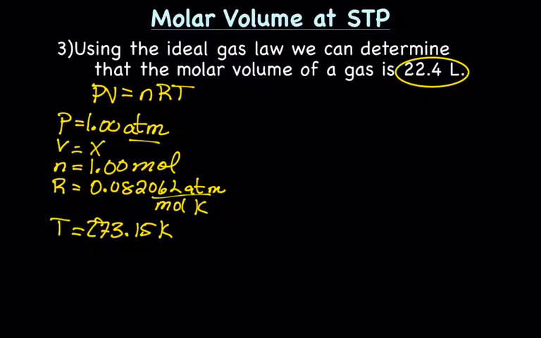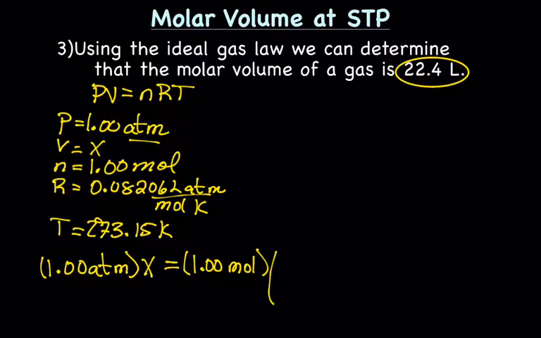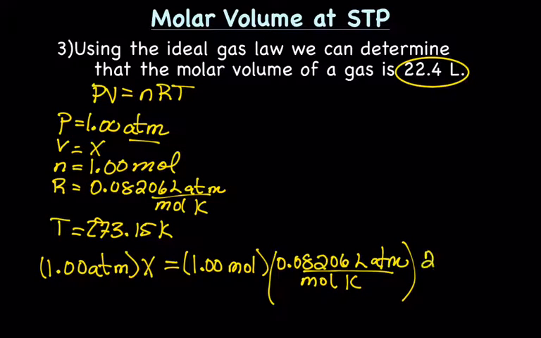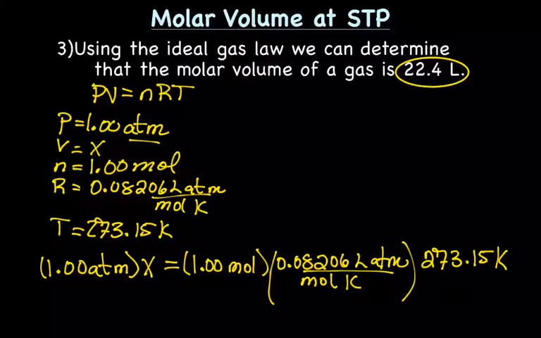So let's plug in our numbers. We're going to have P, which is 1.00 atm, times V equals n times R times T. All right, let's cross out any units that we can.